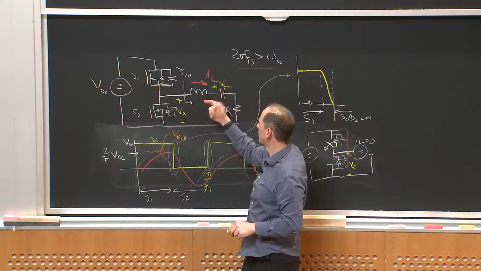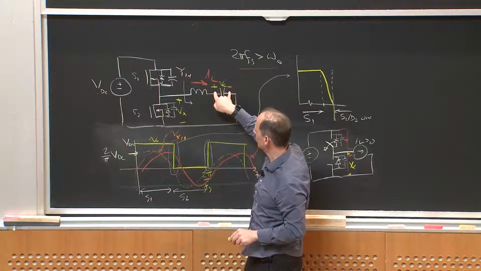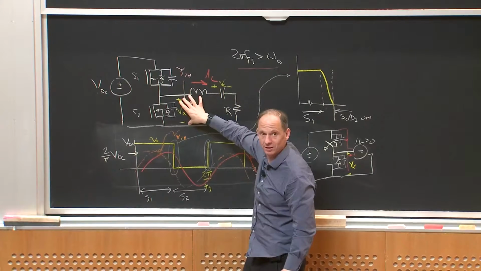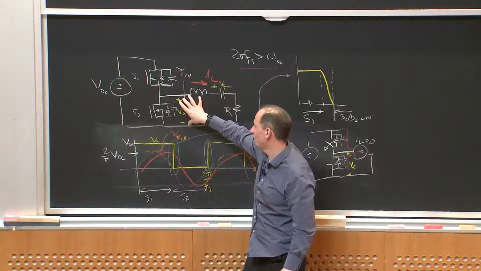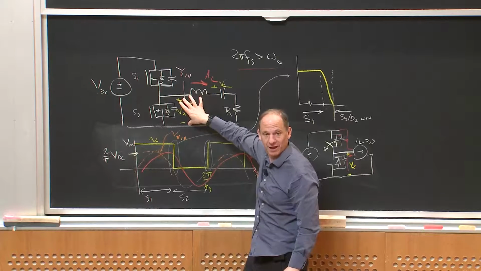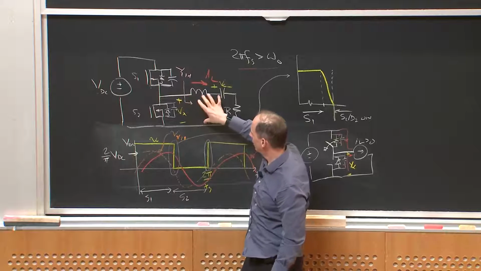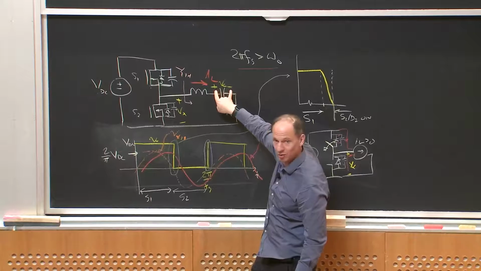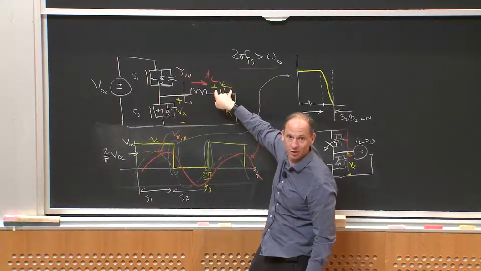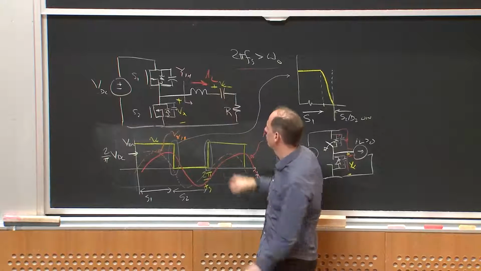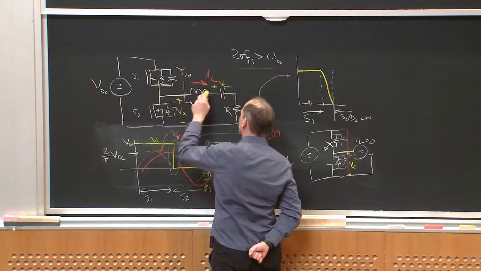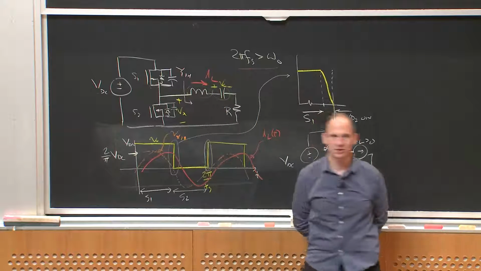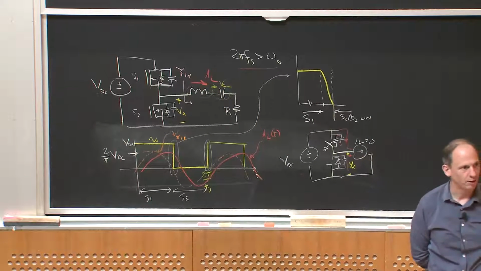In fact, if you remember, we said that the capacitor voltage in a series resonant network can be Q, the Q of omega naught, times the fundamental input voltage. So if I have a Q of 10, then whatever the fundamental of this voltage is, if I ran at resonance, VC would be 10x that. Or if Q is 100, it would be 100x that. So you've got to be careful. The device voltages are nicely limited, but these two components can have pretty big voltages on them, depending upon the quality factor of the network.